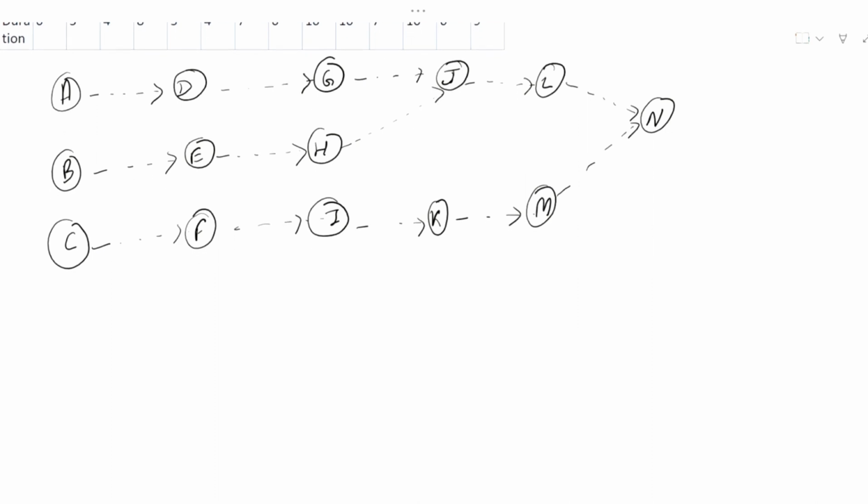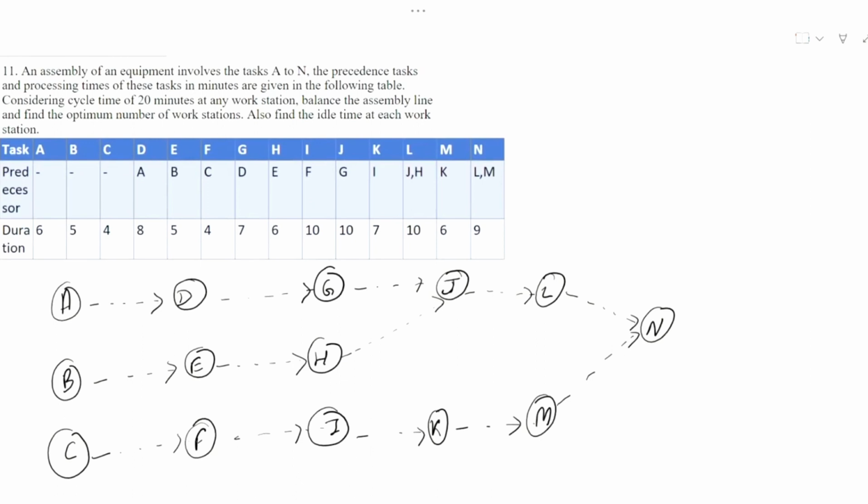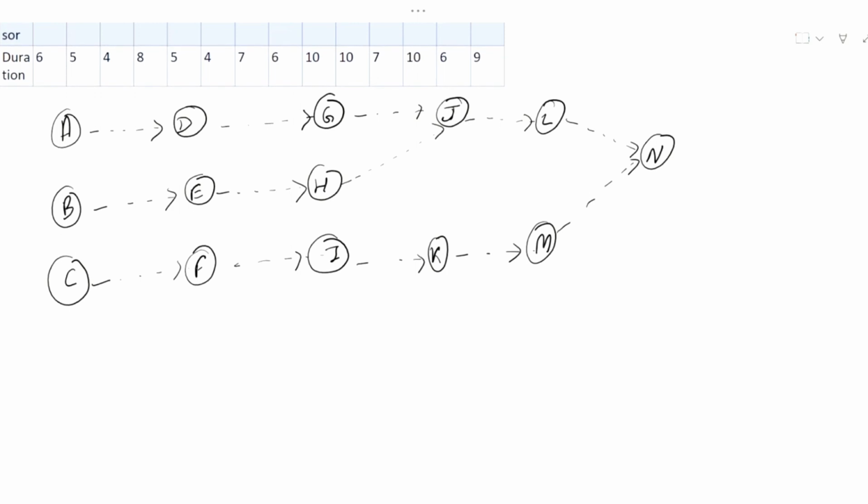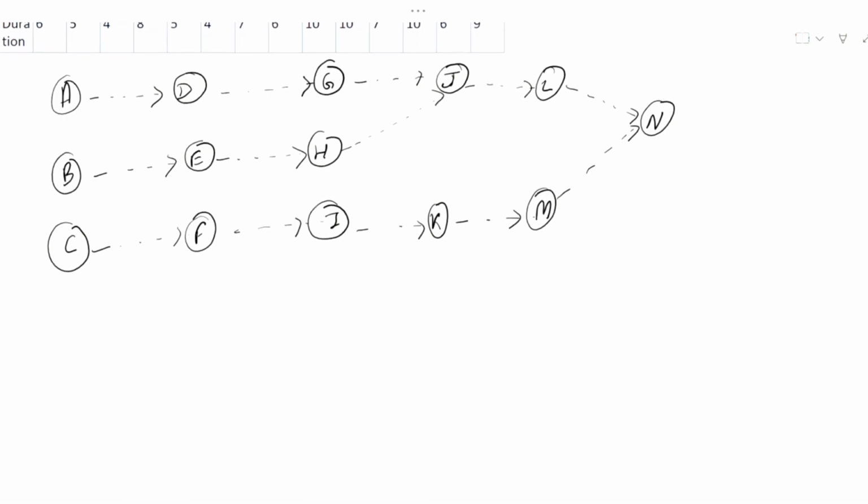Okay, so it's given that the cycle time is 20 minutes. So each workstation needs to be grouped in such a way that they have a station time of 20 minutes or below.